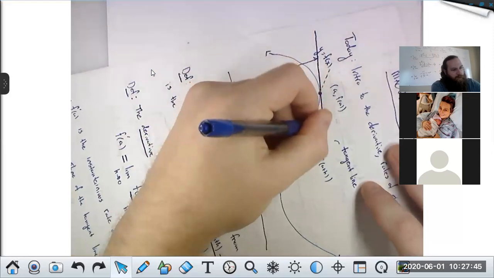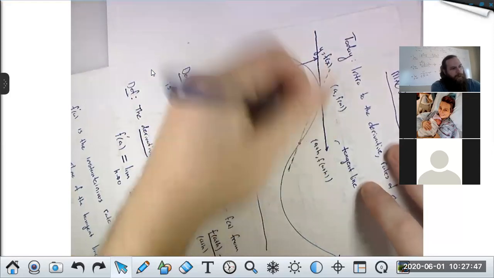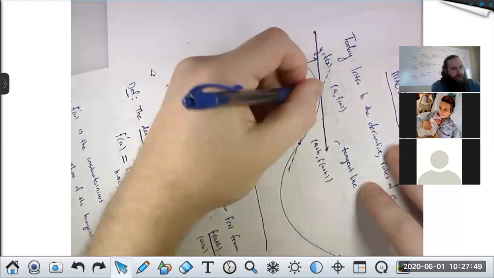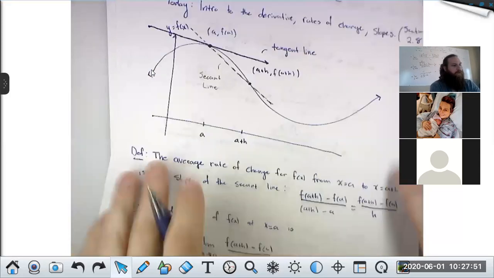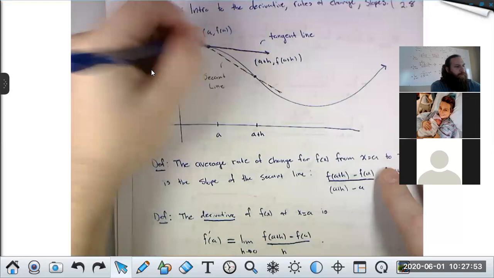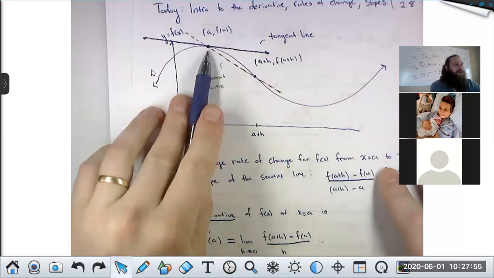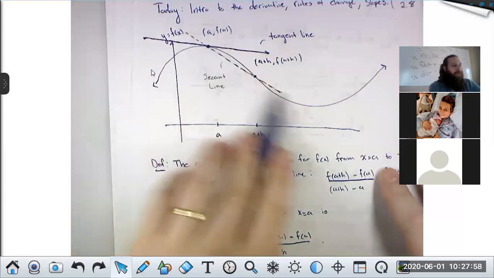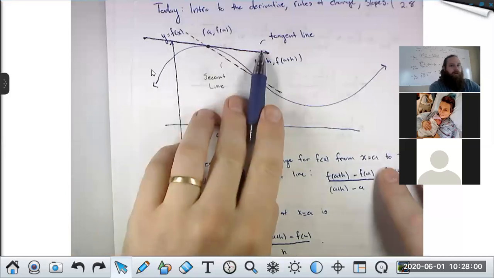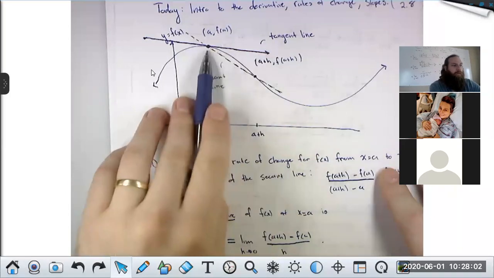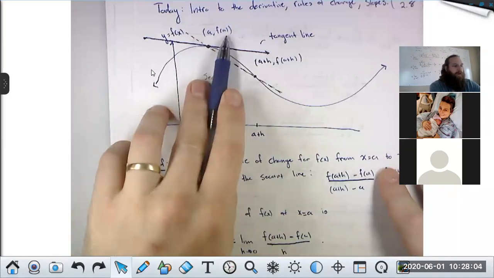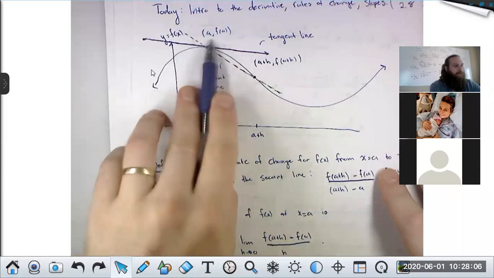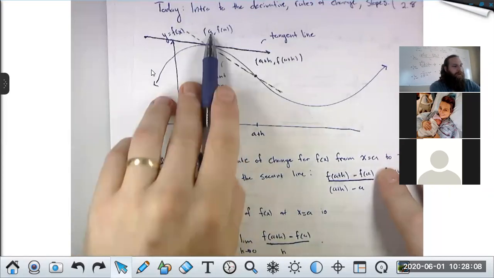Right? The tangent line is the line that just kind of comes along here and barely kisses the graph of my function right at that point. So this point is a shared point. It's on the graph of f, and it's also on the tangent line. That point is a comma f of a. It's the point on the graph where I'm trying to find the tangent line.